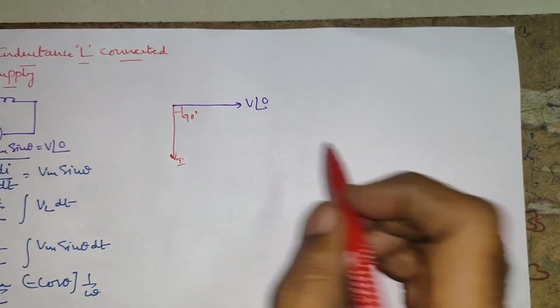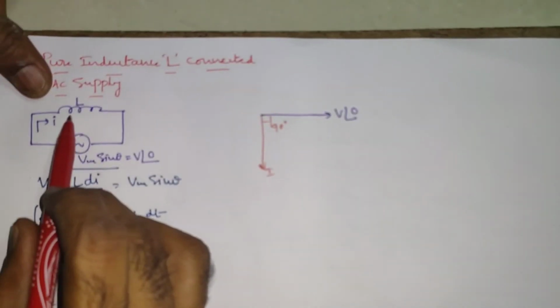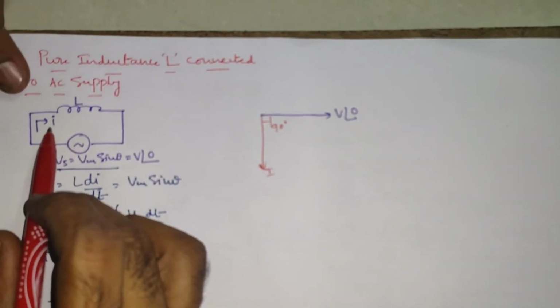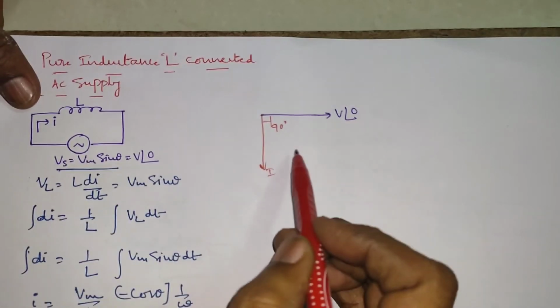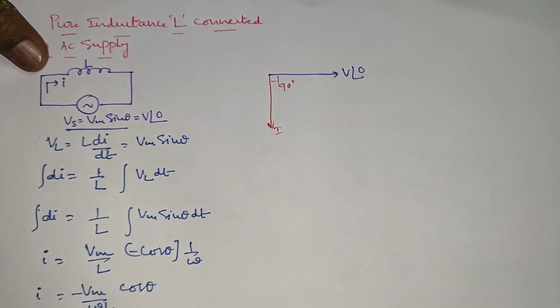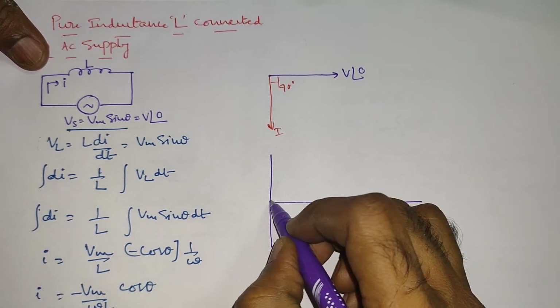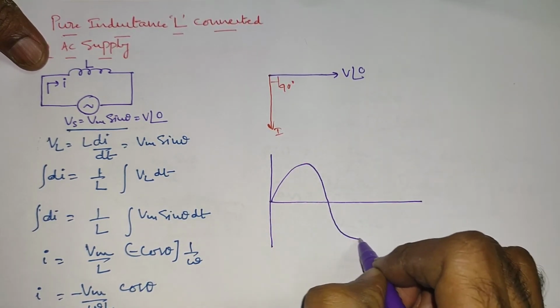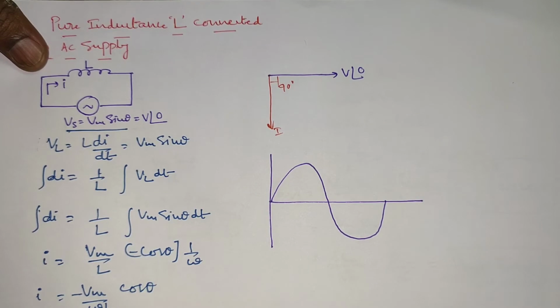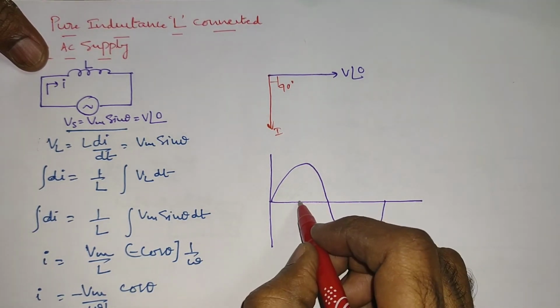It means that when a pure inductance is connected in a circuit, the current is going to lag behind the voltage by an angle of 90 degrees. And when these two are represented in waveform, say this is the voltage, the current is going to begin after a delay of 90 degrees.